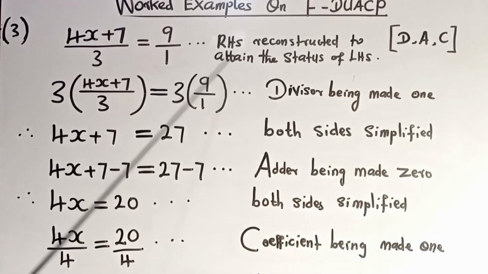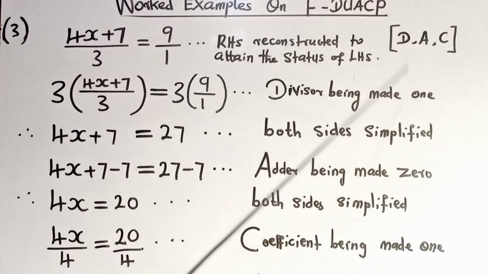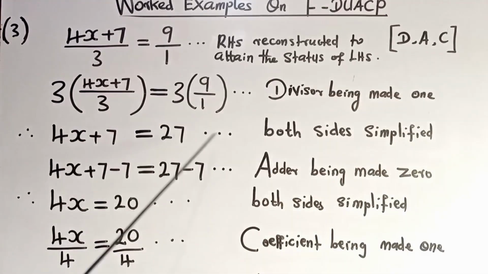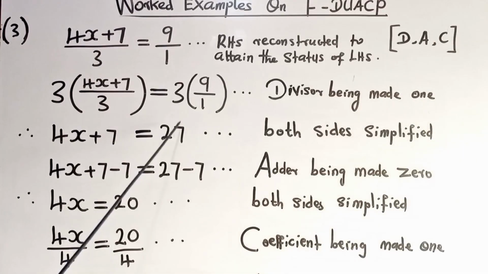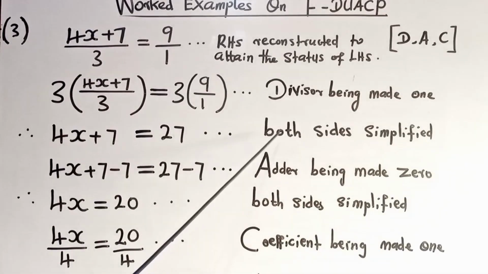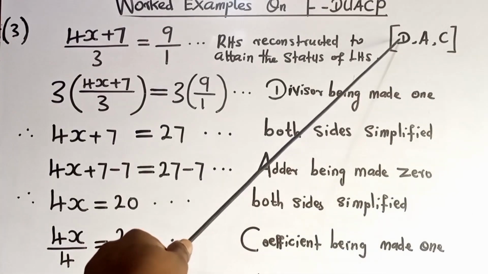What is happening here is that the divisor is being made to become 1. And here, the divisor has been made to become 1. No more divisor 3. It has become a linear equation without a fraction. Here we say that both sides have been simplified. Now, this first scale has been applied.